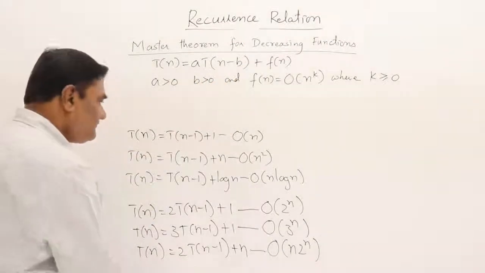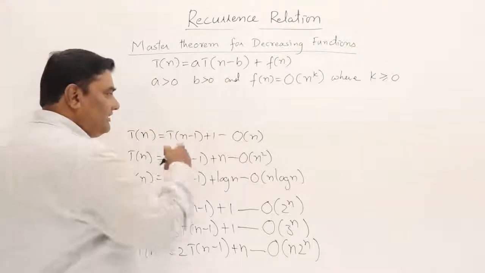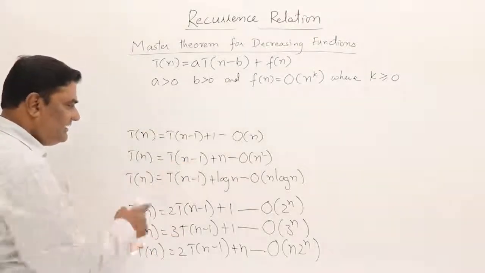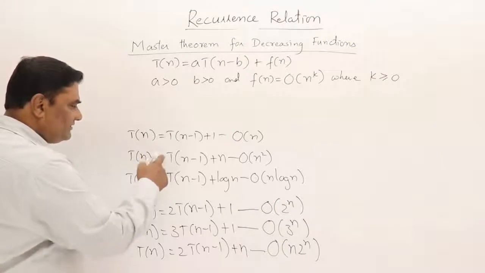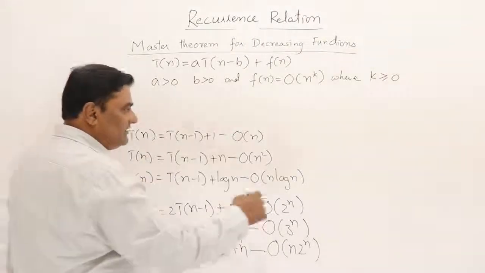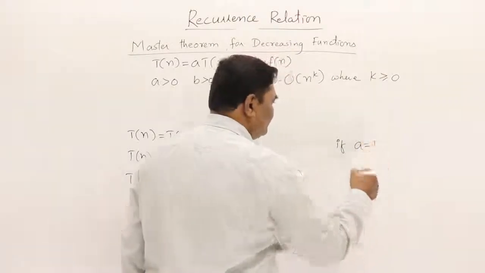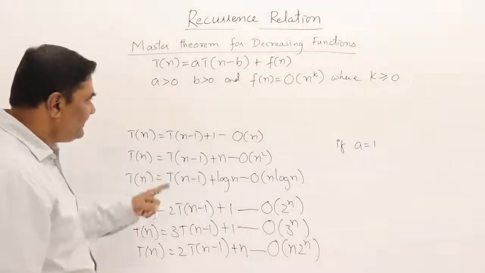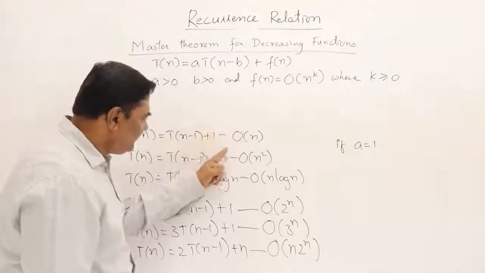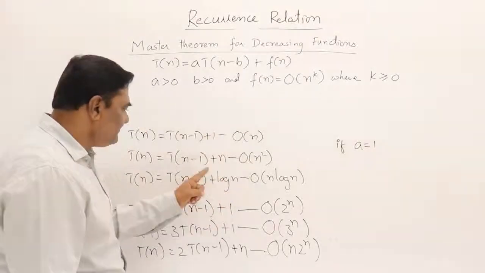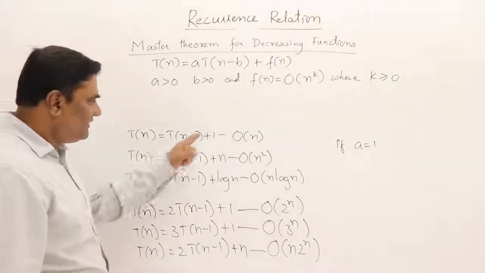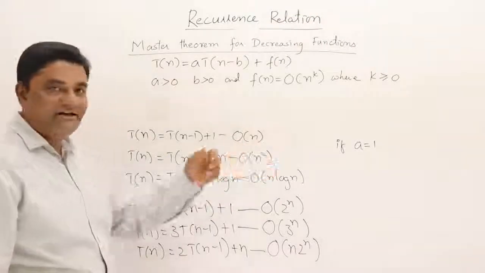Now, let us observe here. Now here we get some cases. Here a value is 1. So if a is equal to 1, then what is the answer we are getting? Whatever is there at f of n, that is getting multiplied by n.